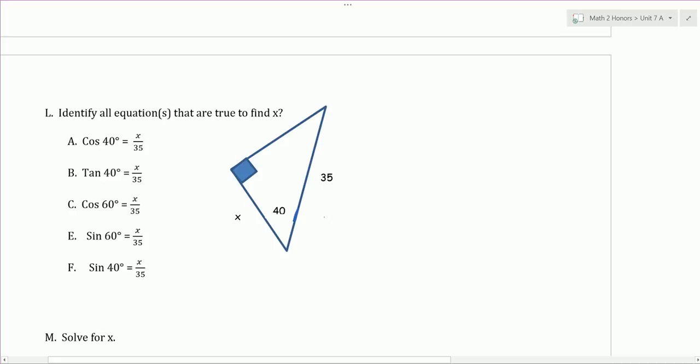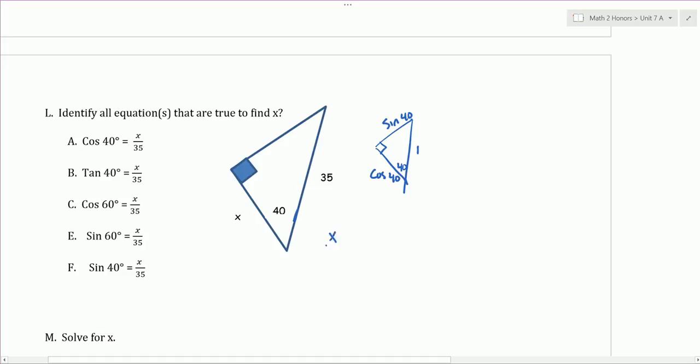On part L, start with a similar right triangle here, angle 40, this is sine 40, cosine 40.